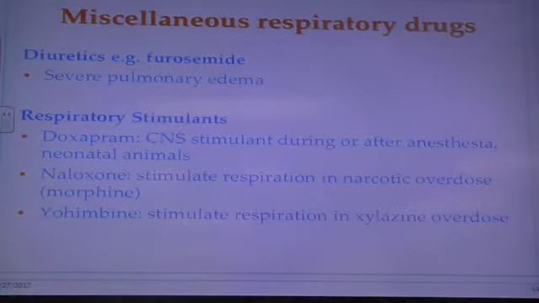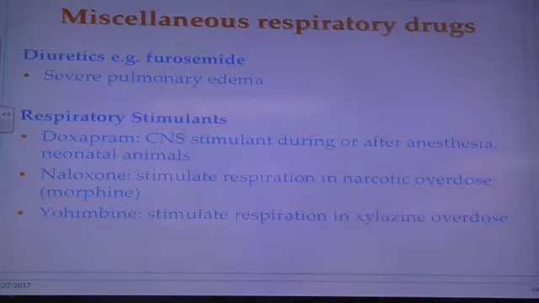Yohimbine is used to stimulate respiration once you have a psilocybin overdose. And the other one is doxapram. Doxapram we use as a CNS stimulant to increase respiratory function after anesthesia.